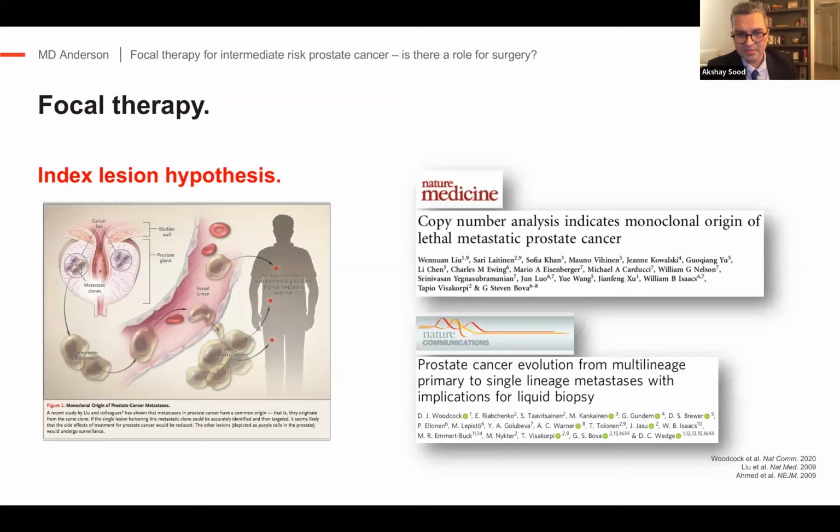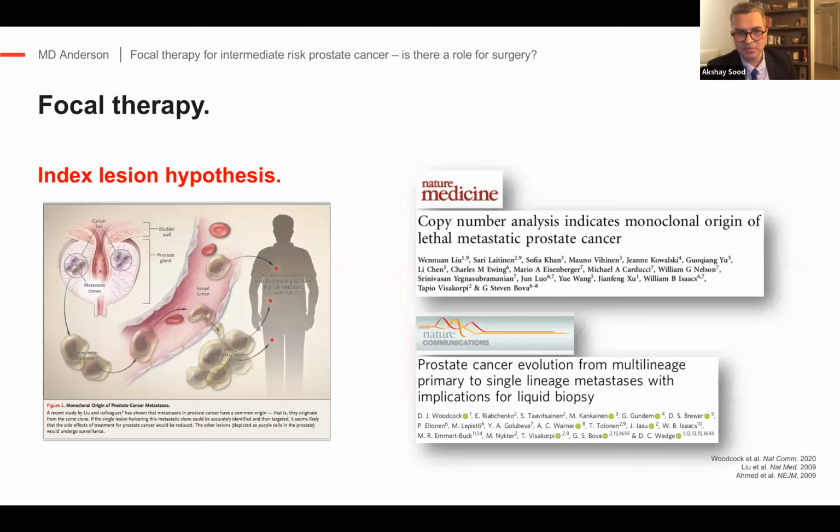Subsequently, there have been multiple papers in high-ranking journals which have shown, when you do a molecular phylogeny of prostate cancer lesion evolution, that once it comes out of the prostate, usually it's a clonal lesion that comes out of the prostate. So as they show here, prostate cancer as such is a multifocal disease.